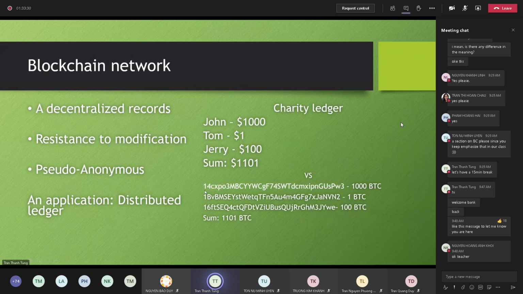This is a hash. From John, they will hash into something very strange like this. This is called a cryptographic hash if it can ensure that when you hash data, it results in a hash value that is almost unique for this data.